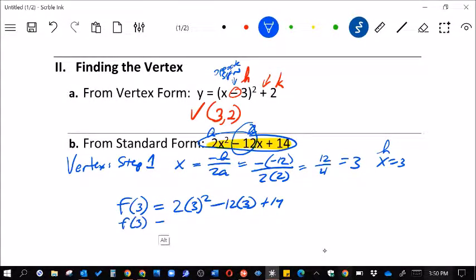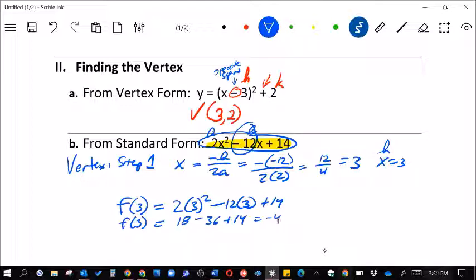So the function at 3, we have 9 times 2 is 18, and then minus 36 plus 14. So then we get 18 plus 14 is 32, and 32 minus 36 is a negative 4.